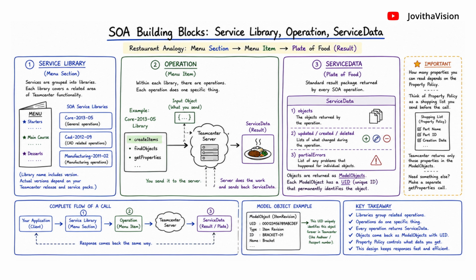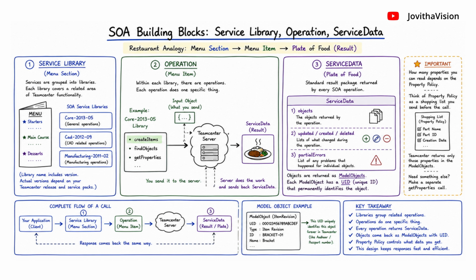Now, how many of an object's properties you can read depends on something called property policy. Think of a property policy like a shopping list your application hands to Teamcenter before making a call. It says, when you send me back parts, please include the part name, part ID, and creation date, but I don't need everything else.